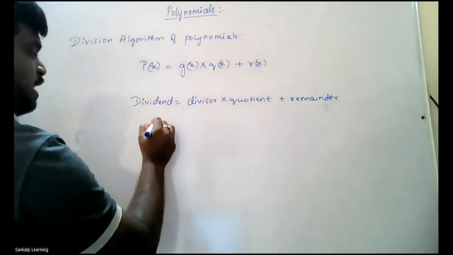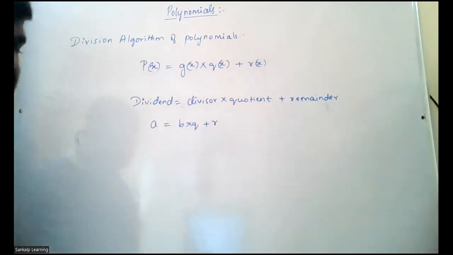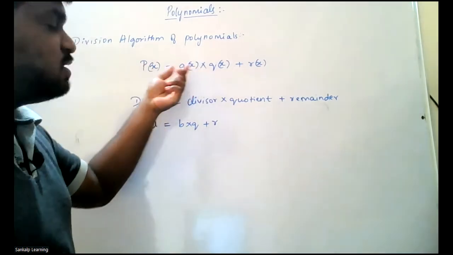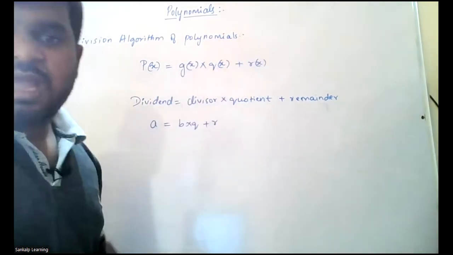So we write A is equal to B into Q plus R. In a similar way, if P of x is the dividend and G of x is the divisor, then P of x can be written as G of x into Q of x plus R of x.